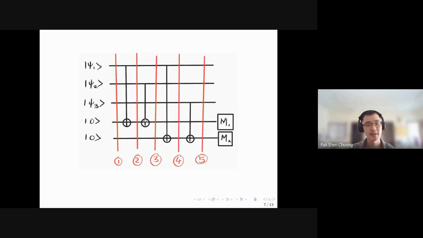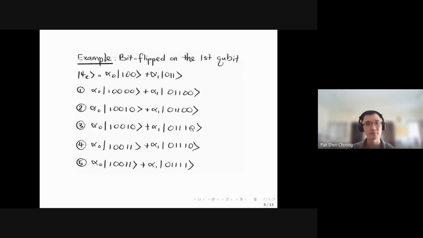You try to compare their parity, whether they are the same or not. And then you look at the other two, you try to compare the parity between the first and the third qubit. Of course, this is not the only way you can do it. You can also compare the first and the second, and then the second and the third. You can also do it that way. So here I just analyze one by one.